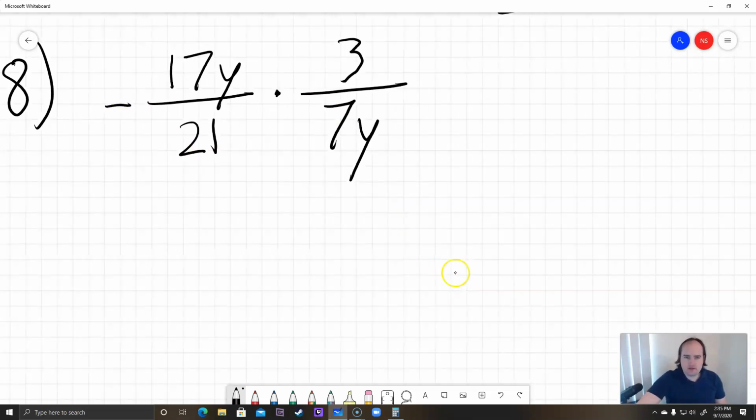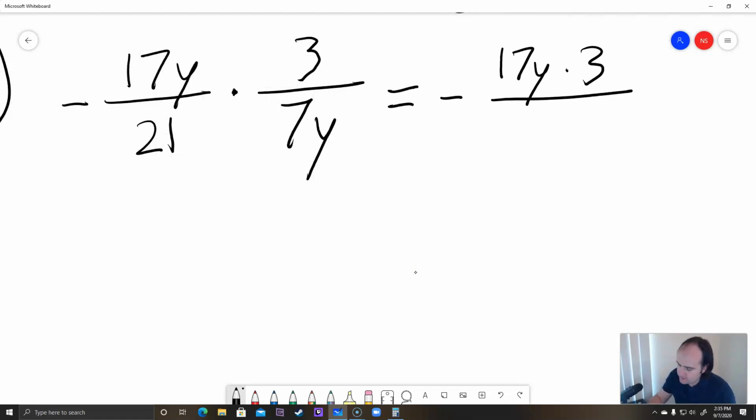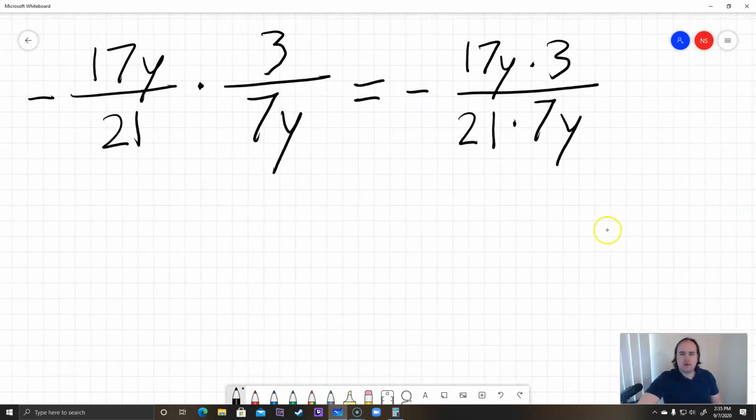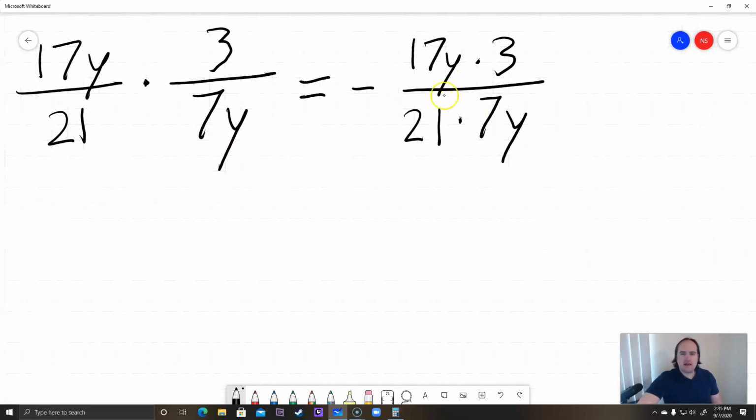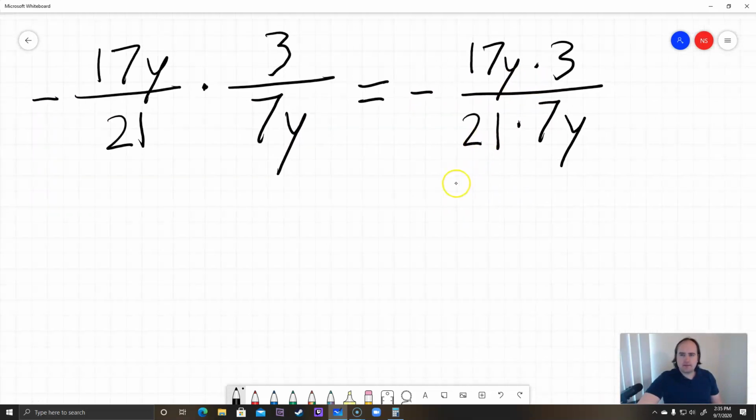So multiplying straight across, on the top we're going to have 17y times 3, and on the bottom we're going to have 21 times 7y. Don't forget about your minus. I also put the minus out front because we have a minus there. So far we have negative 17y times 3 all over 21 times 7y.